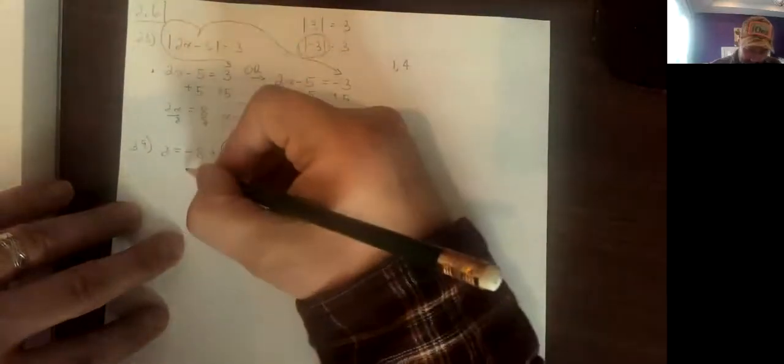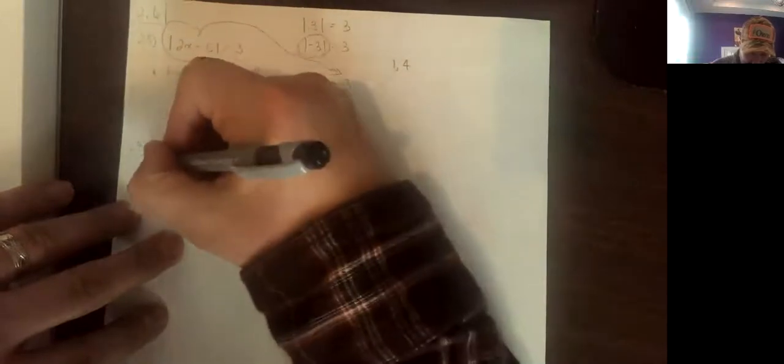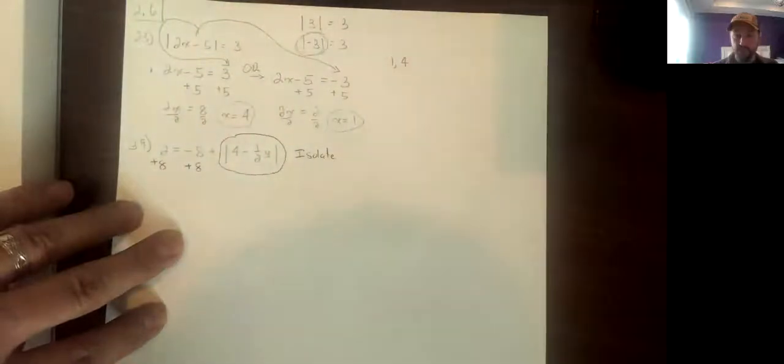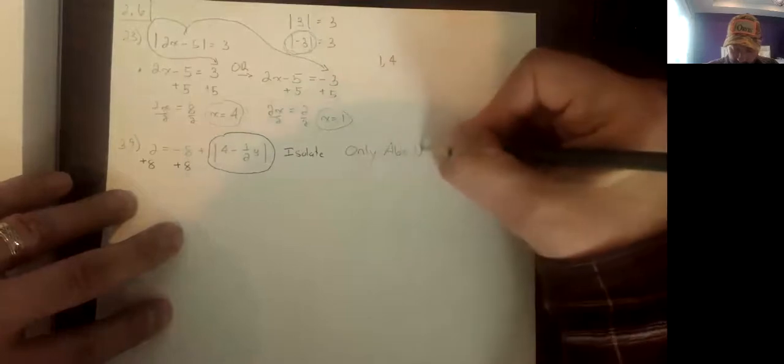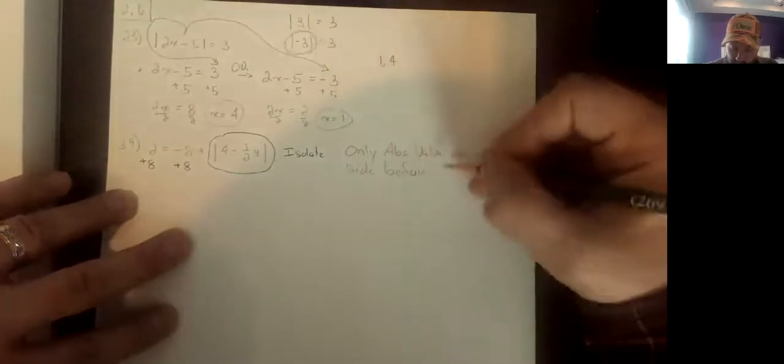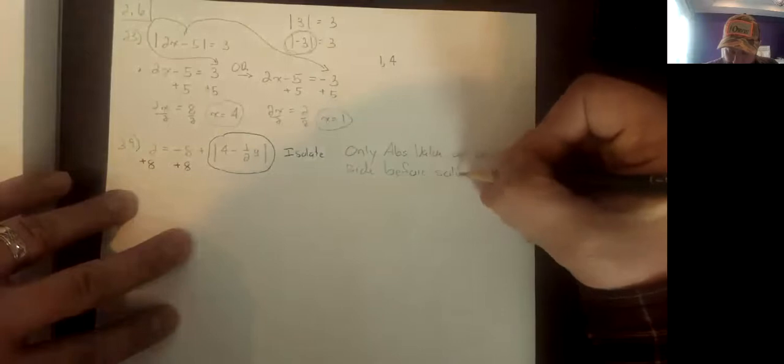To isolate that, I need to move this 8 over. I am not worried about a positive negative 2 because I have a negative 8 over here. I need to get rid of that and have only my absolute value on one side. You want only absolute value on one side before solving for a positive and negative.